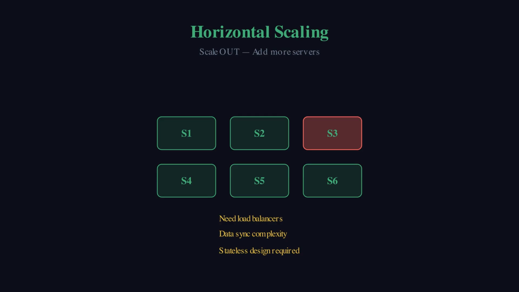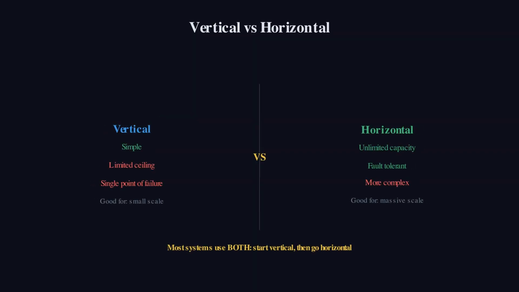You need load balancing, state management, data consistency, and service discovery. The catch is that your servers must be stateless, meaning any server can handle any request at any time without assuming it served that user's previous request. It's more powerful, but it requires thoughtful architecture and operational excellence.